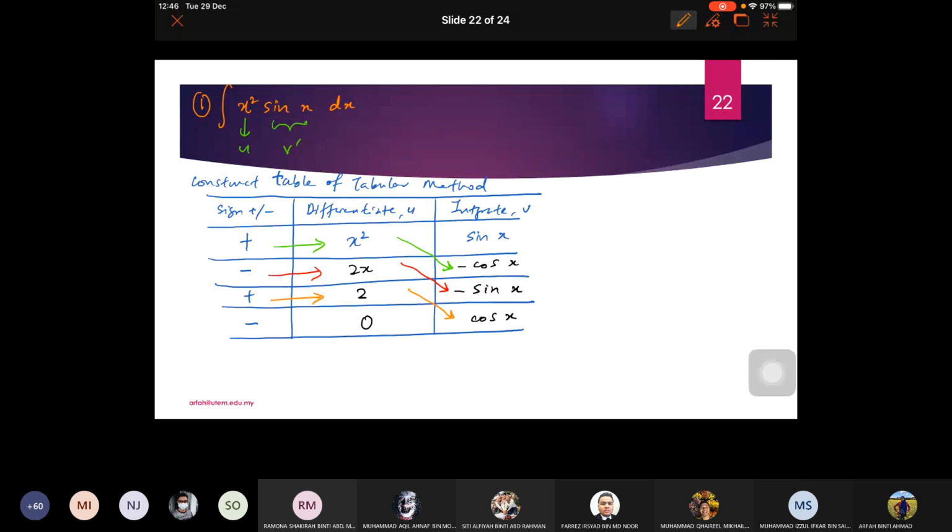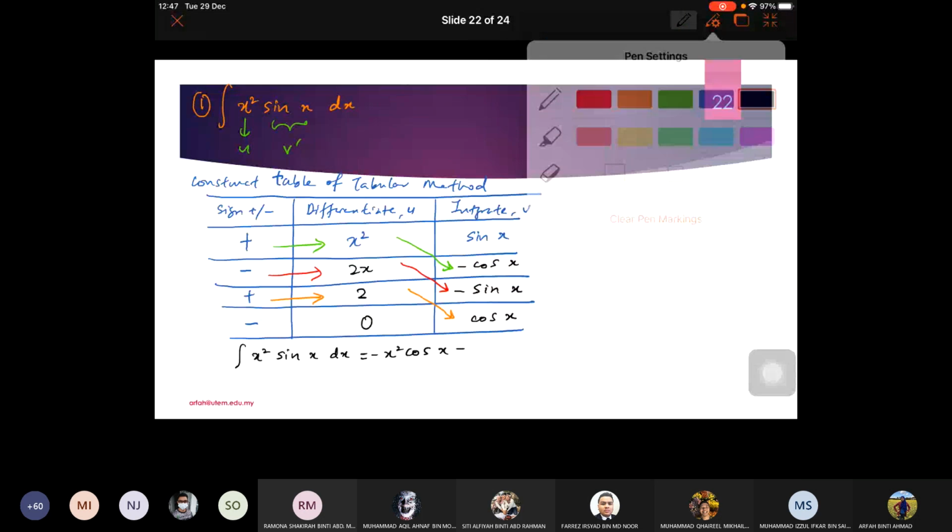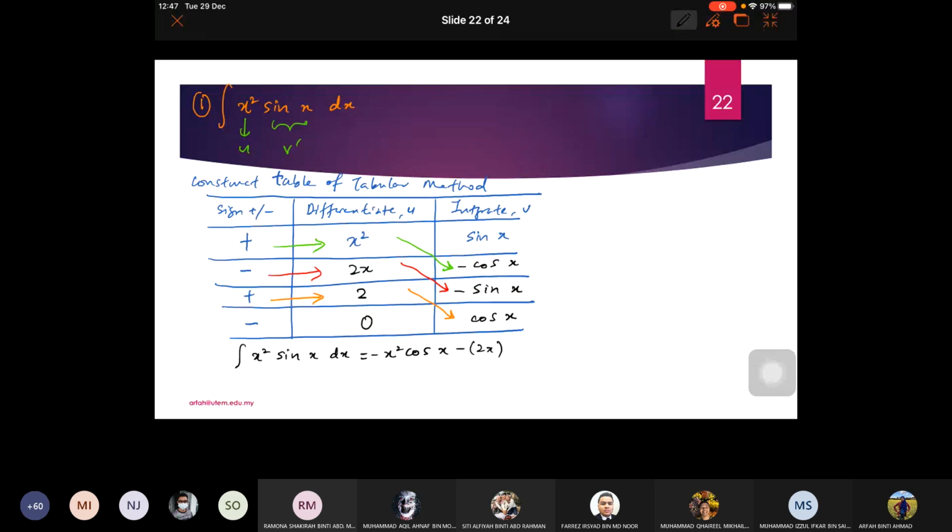So, you akan dapat integration of x kuasa 2 sin x dx akan sama dengan negatif x kuasa 2 cos x, tolak dengan tolak jadi tambah, 2x darabkan dengan negative sin x.